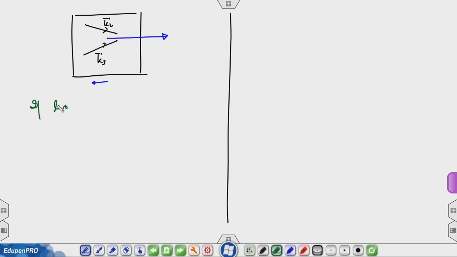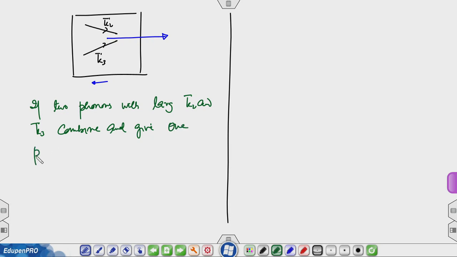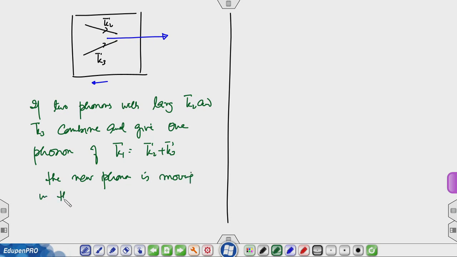If two phonons with large k 2 and k 3 combine and give one phonon of k 1 equals k 2 plus k 3, then the new phonon is moving in the opposite direction. That is, its V group is less than 0.